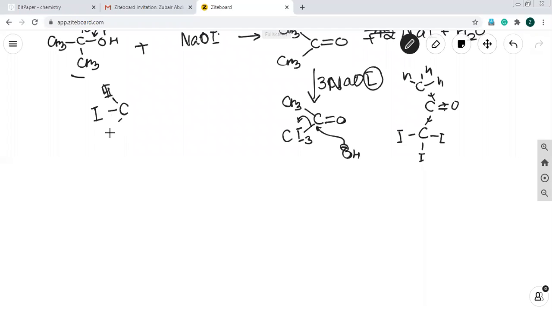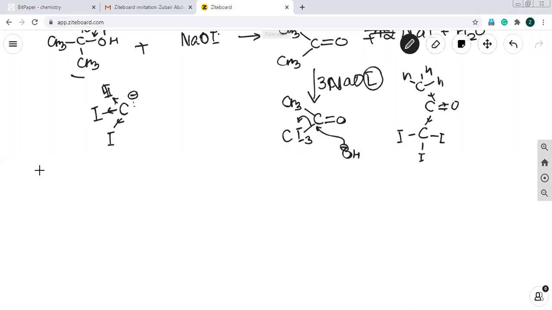Look here. Stable in the sense, the carbanions will be stable when the electrons are removed from this carbon.